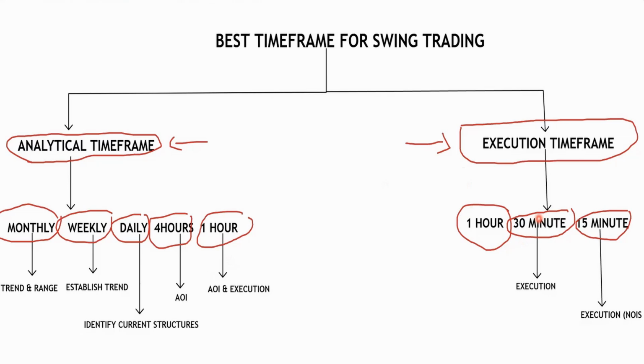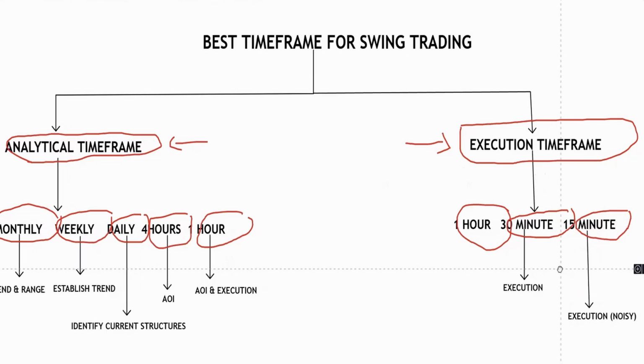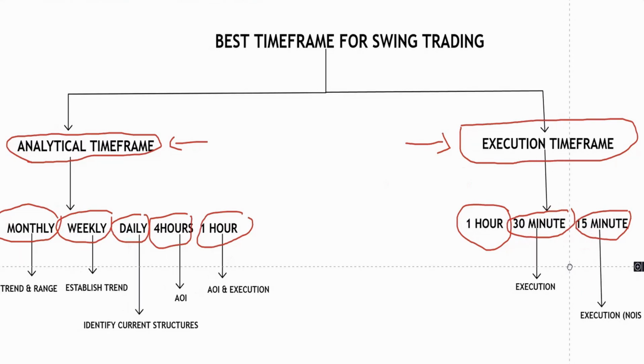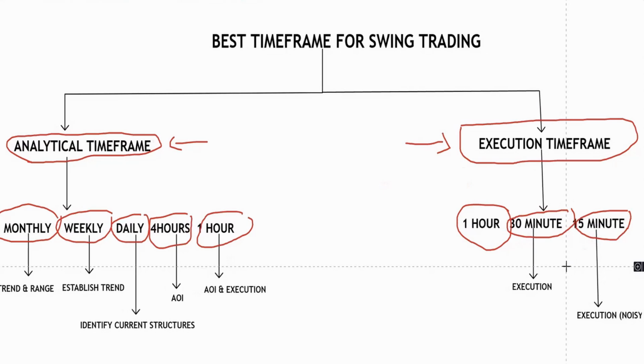It's not noisy. Unlike the next one, which is the 15 minutes time frame, where it is kind of noisy. You're going to find a lot of noise right there, which necessarily might not be the best thing, right? There are sometimes that you find a break and close confirmation on the 15 minutes time frame, and you find out that the market just faked you out and it starts to move against you, right?